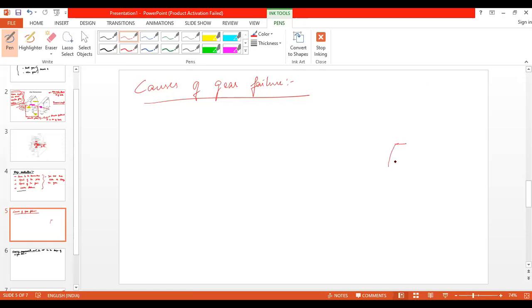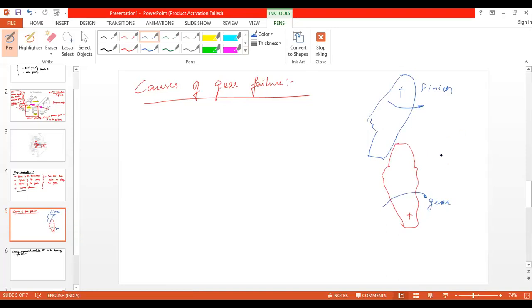If I consider a gear like this, this is one gear and this is the other gear. I have considered only one tooth in each gear. This is the pinion, which is rotating in this direction, and this is the gear, which is rotating in the clockwise direction.